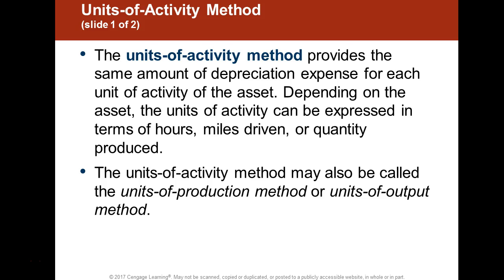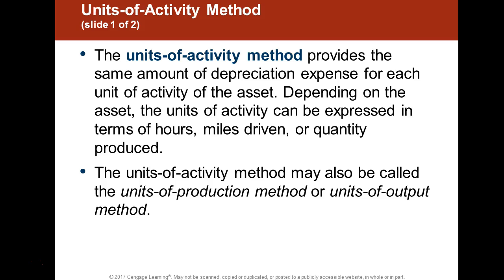But just remember, your whole goal will be, what does this particular method provide the user? It provides a depreciation expense calculated based on how many units that particular asset produces, versus using the straight line method, which allocates depreciation systematically over its life, the same depreciation amount over the period, and it doesn't change.